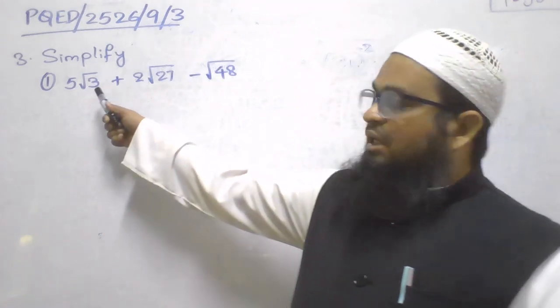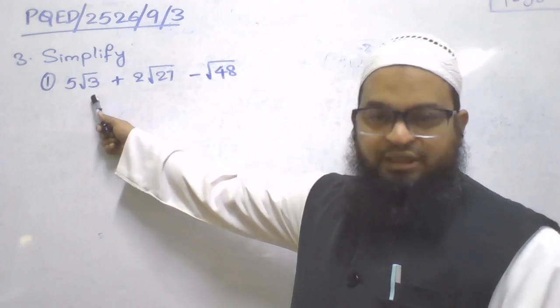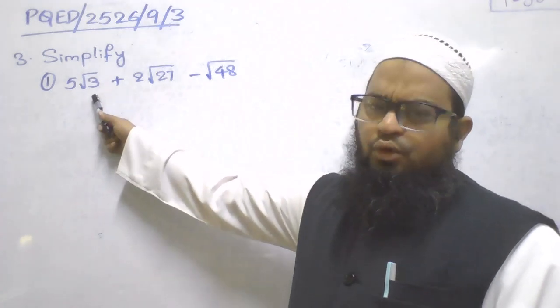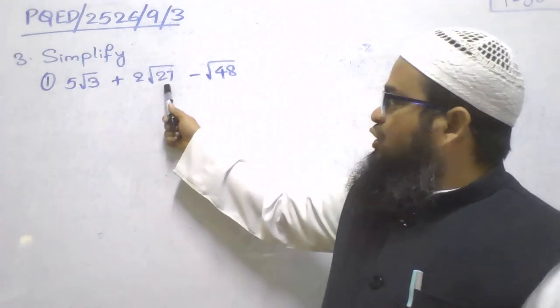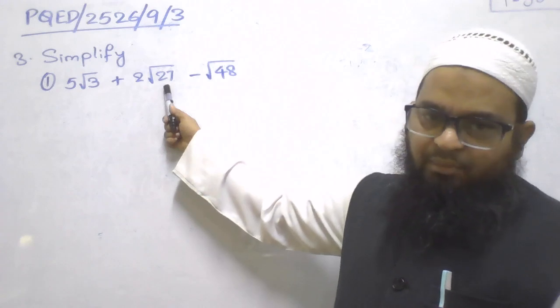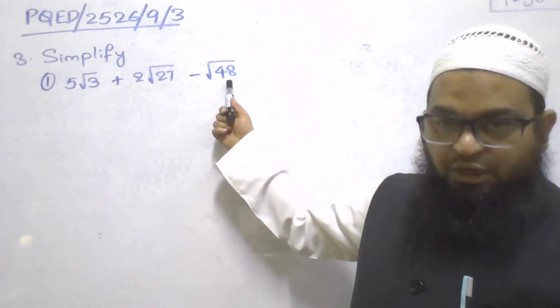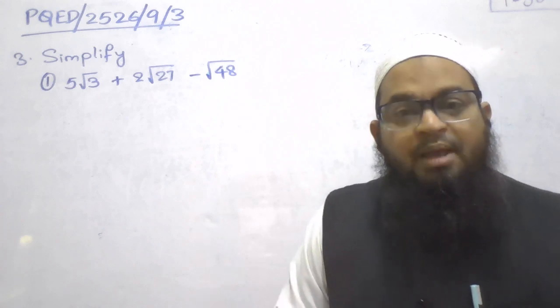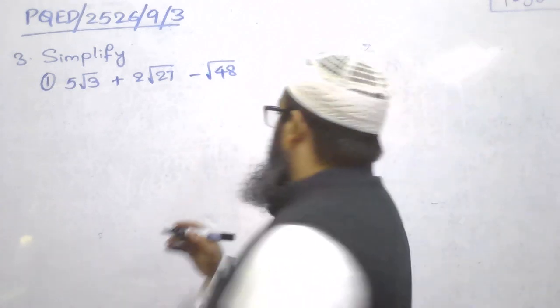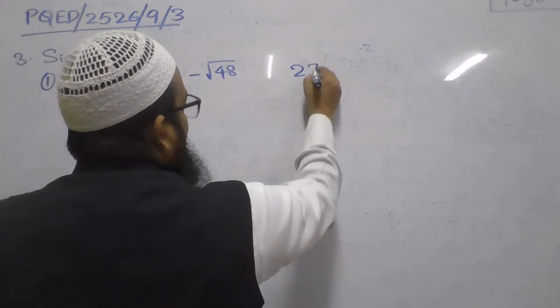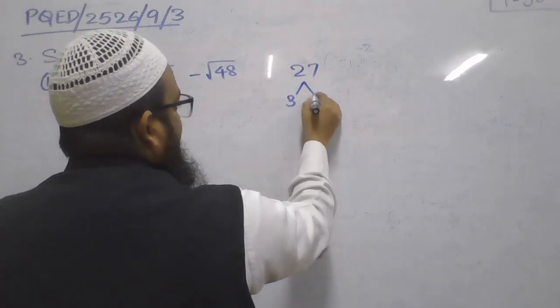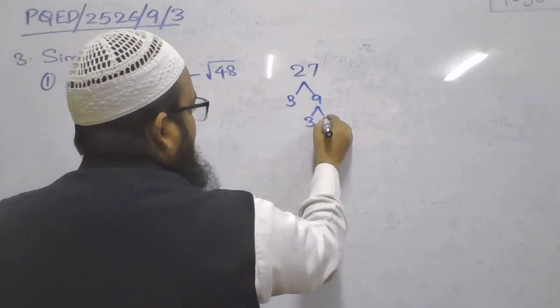Now let us see the roots. It is a 3. 3 is a prime number, so it cannot be simplified. 27 is not a prime number, so let us write the prime factorization first. And 48 is also not a prime number. Let us prime factorize. So 27, if you prime factorize, my dear students, 3 nines and 3 threes.